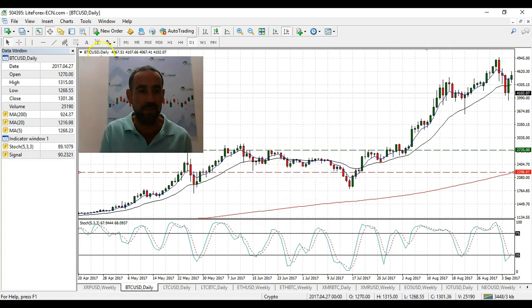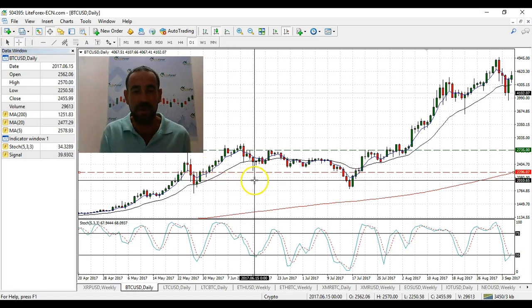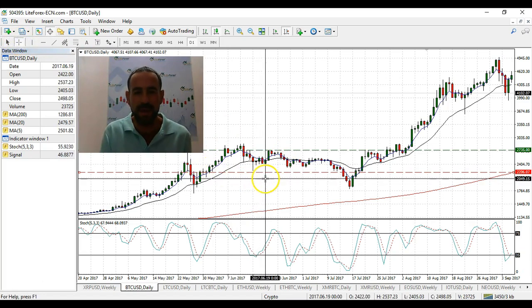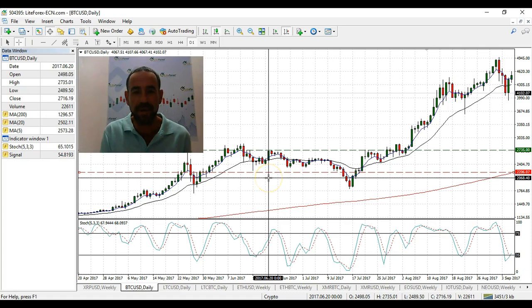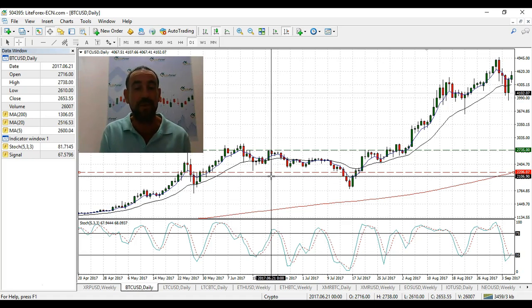But here's what was interesting from the money management point of view, because take a look at that same bar that burst strongly to the upside. It sent the fast line of the stochastic to 65. The next bar, the stochastic was already at 81, so it was above 75.